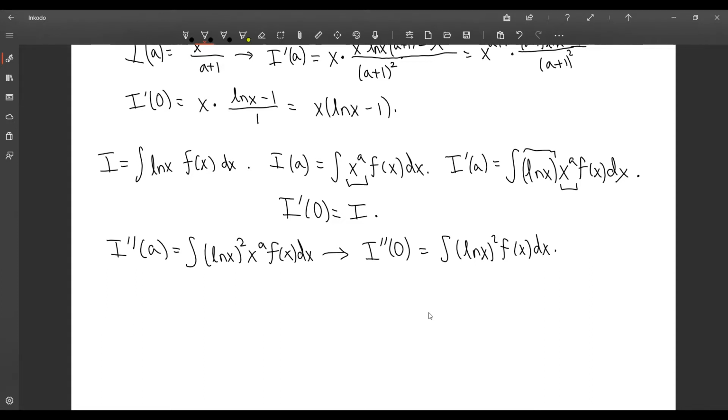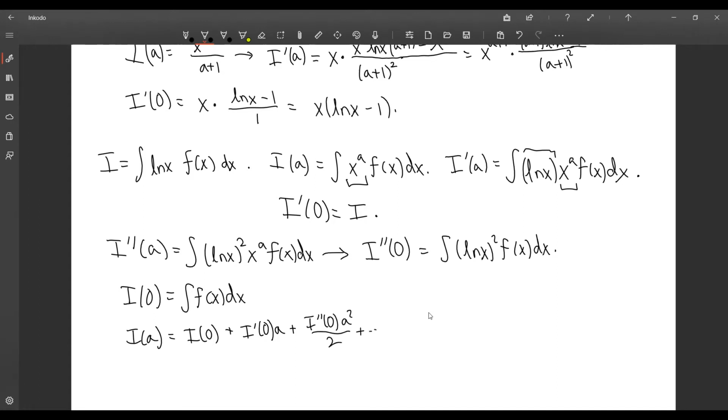Let's also think, so something else I notice is these repeated powers all applied at the same position, right? So I of 0 is going to be the integral of f of x dx. So I of a, if we use Taylor series, is going to be I of 0 plus I prime of 0 a plus I double prime of 0 a squared all over 2, and so on, right?